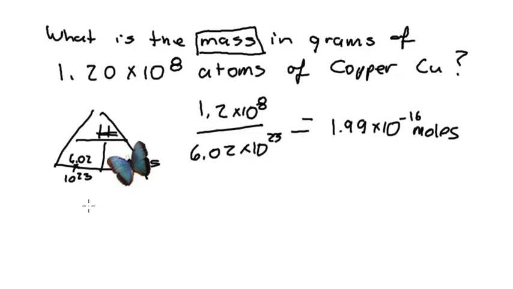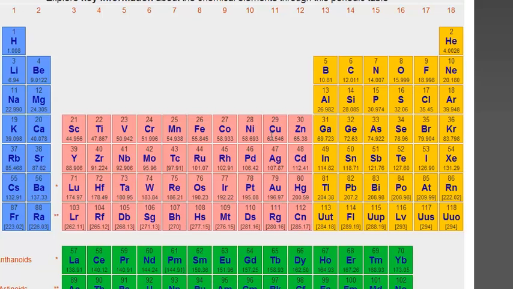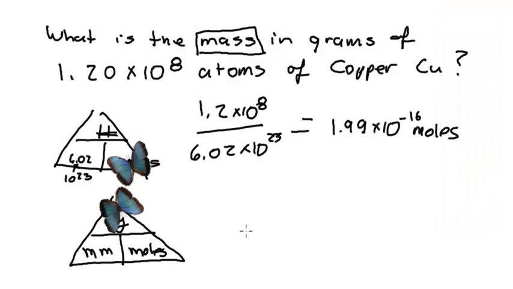Now I take my number of moles, so here, grams, molecular mass, and moles. I'm looking for mass. So I'm going to take my molecular mass times my moles. So I need the molecular mass of copper. Molecular mass comes from the periodic table. I find copper. It's 63.546, and that's in grams per mole.